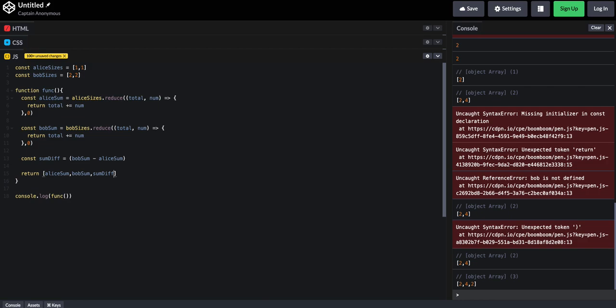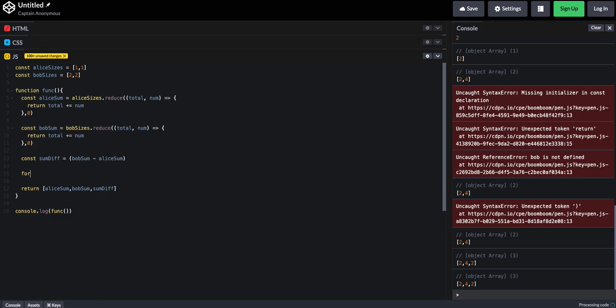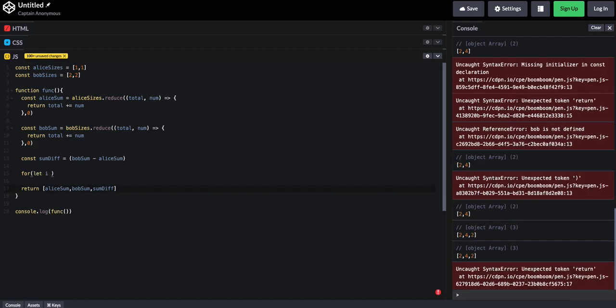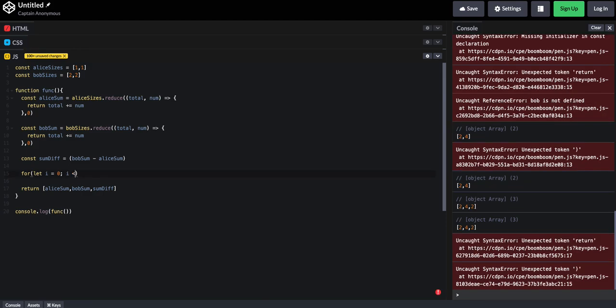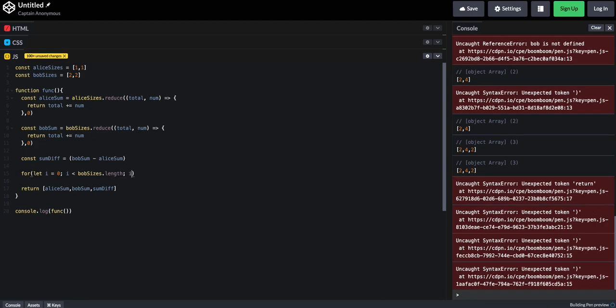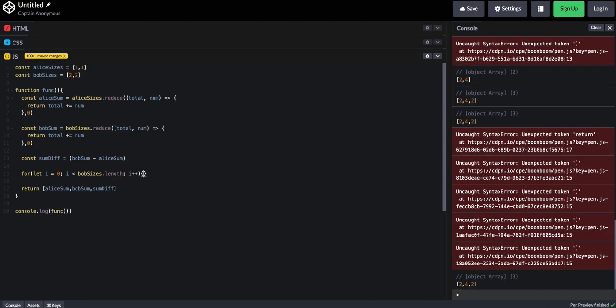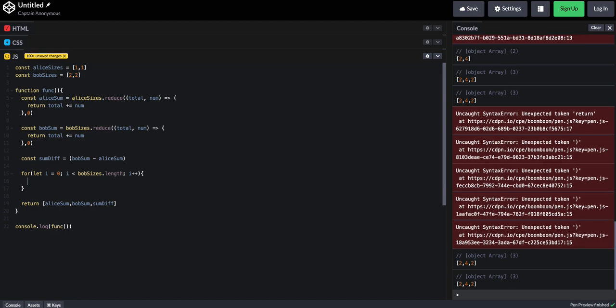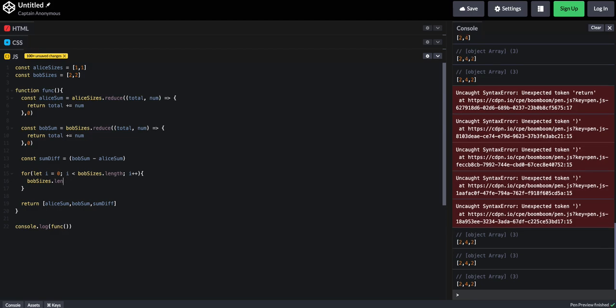The reason why is that what we're going to do next is loop through Bob sizes. And so then what we're going to look at is whatever number we're on, Bob sizes dot length.